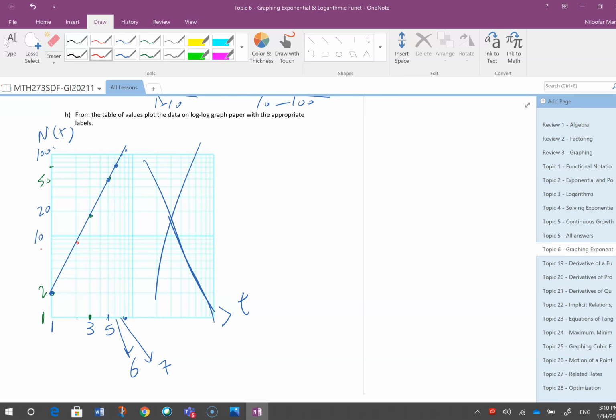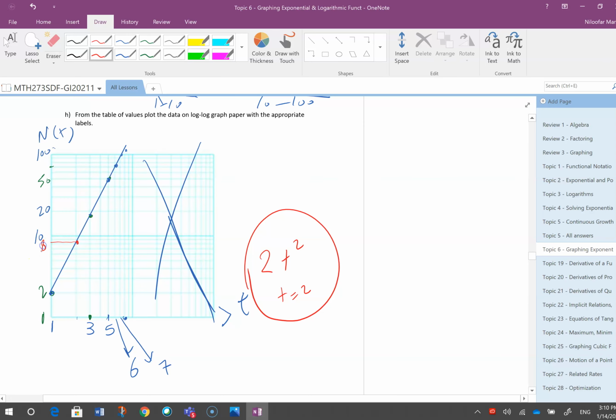Yes. See, if I have 2t squared, and I say, okay, t is 2, but I don't have the equation, I just have the data and the graph. Then I say, okay, if t is 2, what is nt? You say, okay, t is 2 is here, and then I go here and check here.